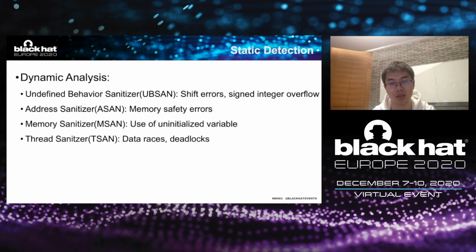For instance, the undefined behavior sanitizer can detect shift errors, signed integer overflow, null pointer dereference, and so on. Address sanitizer can detect out-of-bound access and memory corruptions. Memory sanitizer can detect uninitialized usage. But these tools require appropriate test cases to trigger the bugs.